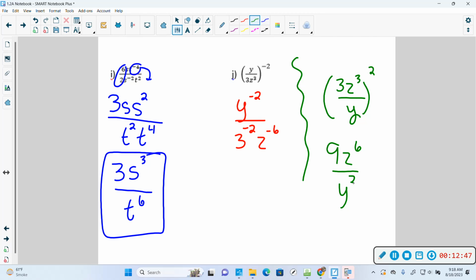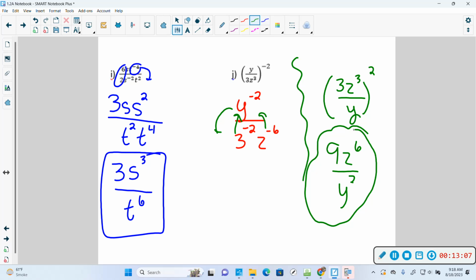You will get the same thing over on the red once you move everything. It just takes you an extra step. I don't care which way you do it. The green is kind of a shortcut. And I'm all about less work if I can get away with it. All right, any questions on these?